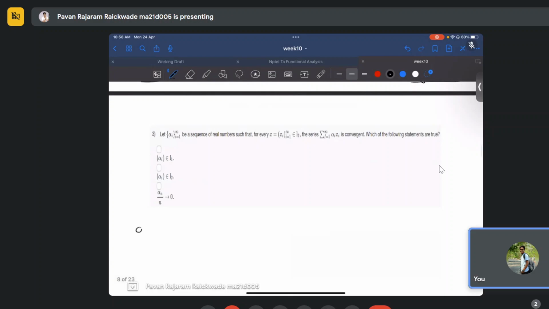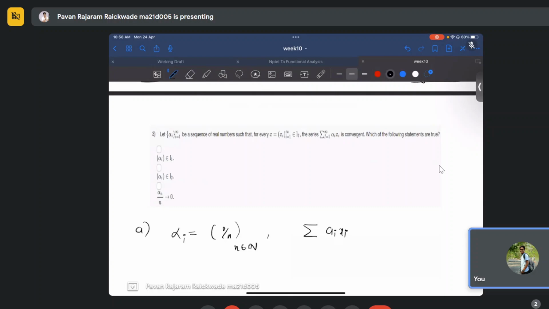Okay, so third A option. If we take x to be 1 by n, where n belongs to the natural numbers, notice the summation of alpha i xi, I mean not x, this alpha sequence, alpha i.